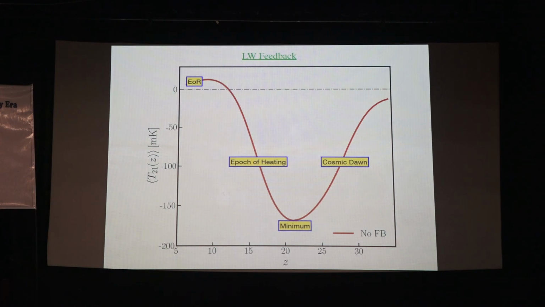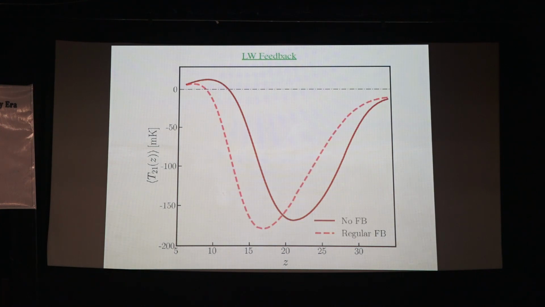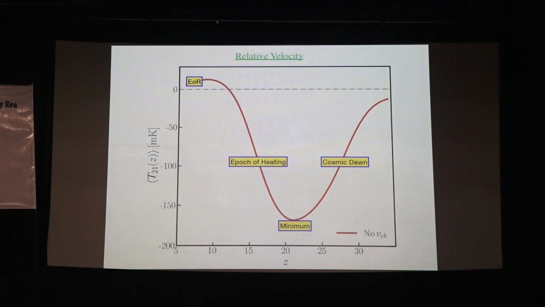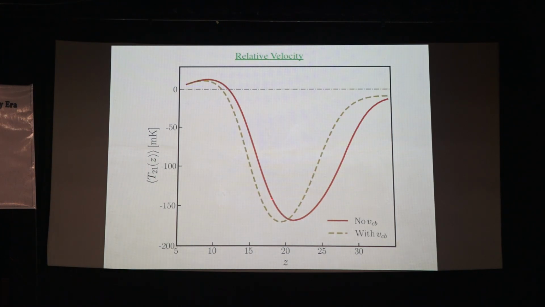When you apply the Lyman-Werner feedback, since it is a delaying effect, it delays the onset of the cosmic dawn and shifts the signal altogether. The same happens with the relative velocities. If you apply the relative velocities, again, things are shifted. These are the kind of delaying effects that I was talking about.